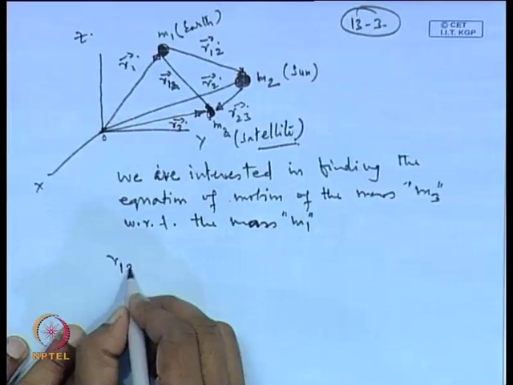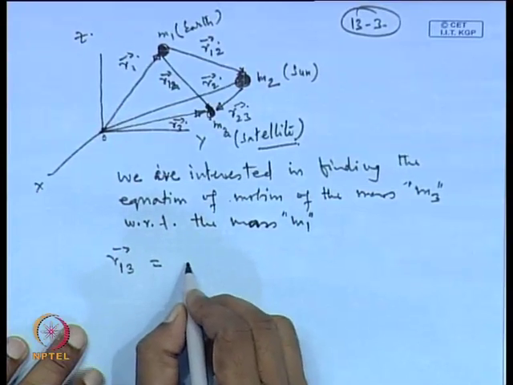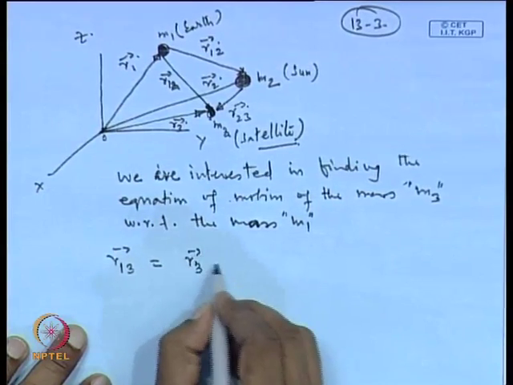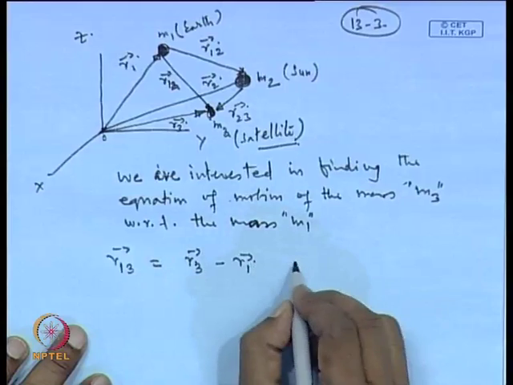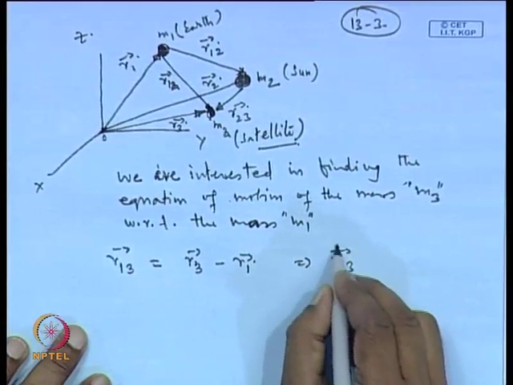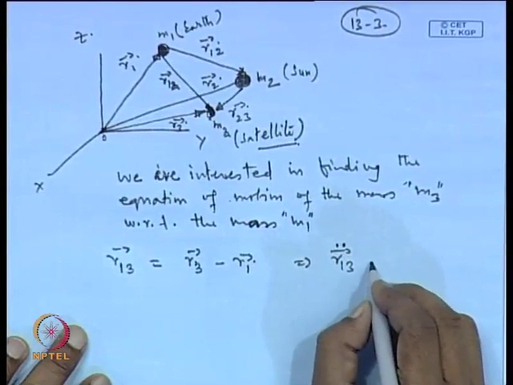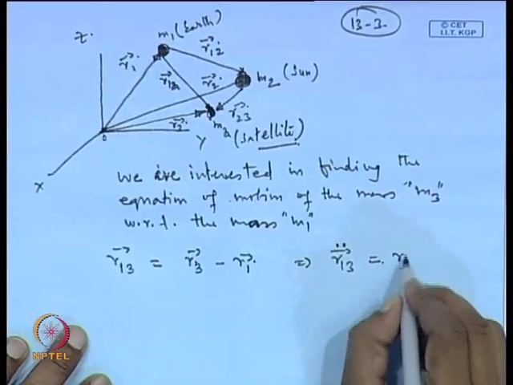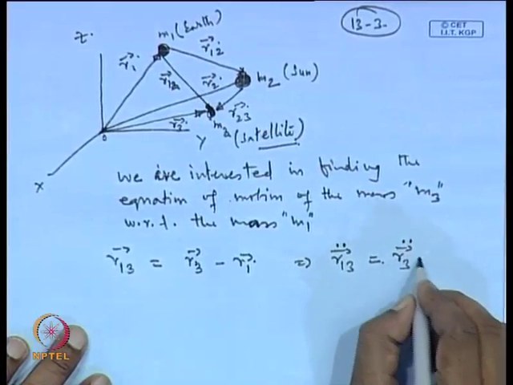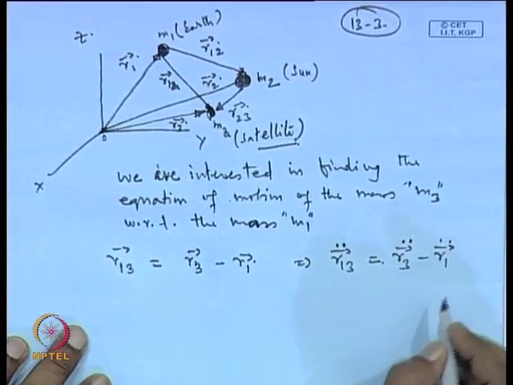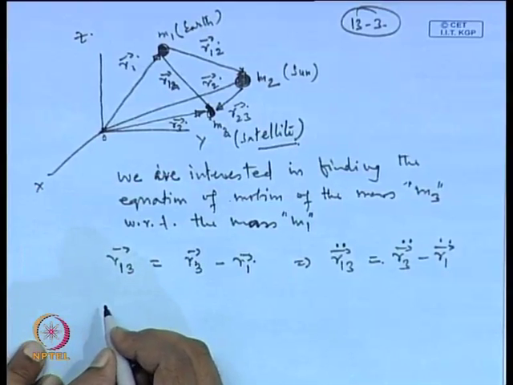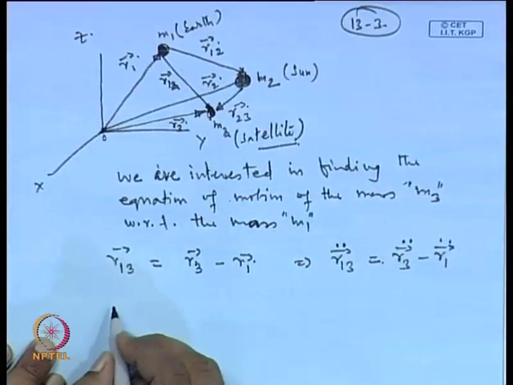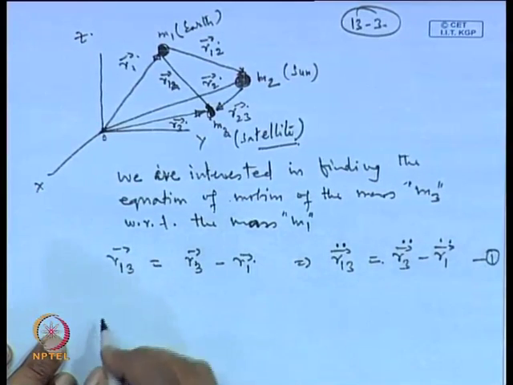Now, we can write r_13 equal to r_3 minus r_1. This implies that the acceleration r_13 double dot is r_3 double dot minus r_1 double dot. So, this is our equation number 1.